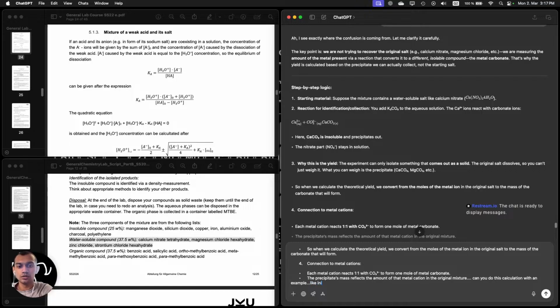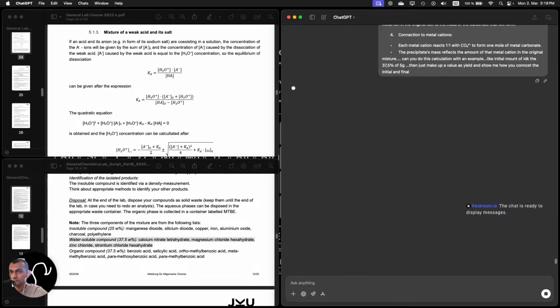Like an initial amount of, I don't know, 37.5 percent of 5 grams, and just make up a value as yield, and show me how you connect the initial and final.